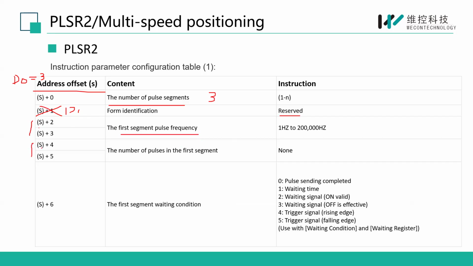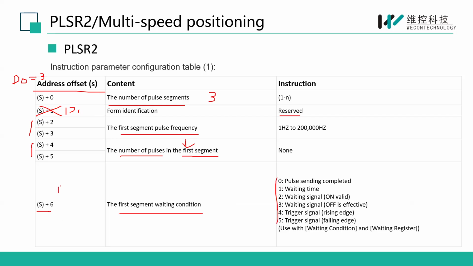D4 and D5 mean the number of pulses for the first segment, because we have three segments. D6 is the first segment waiting condition. There are six types.